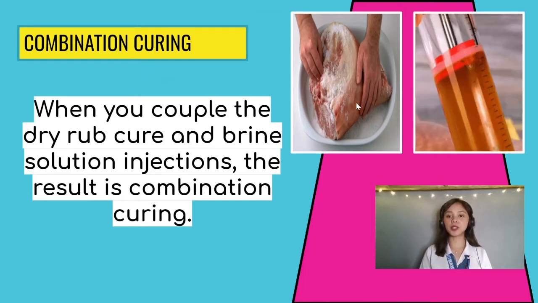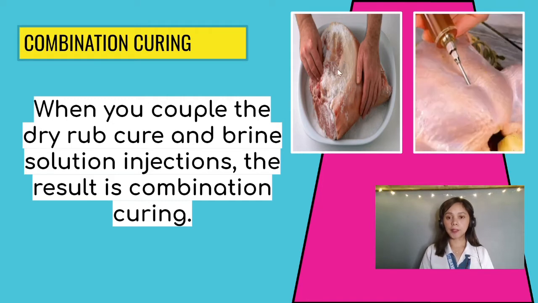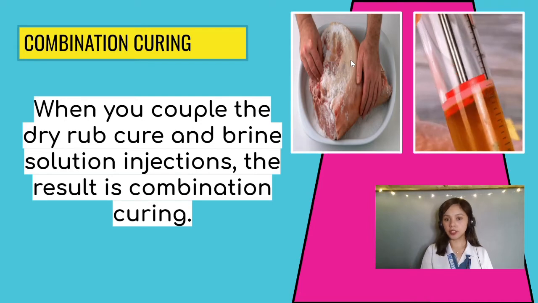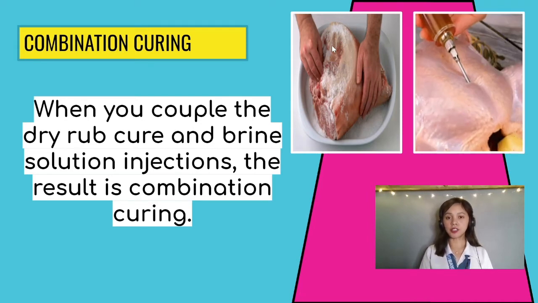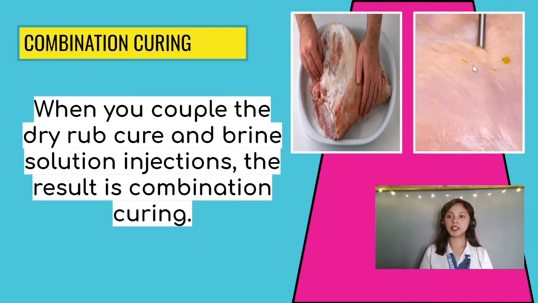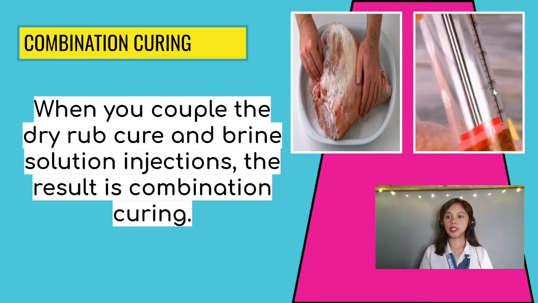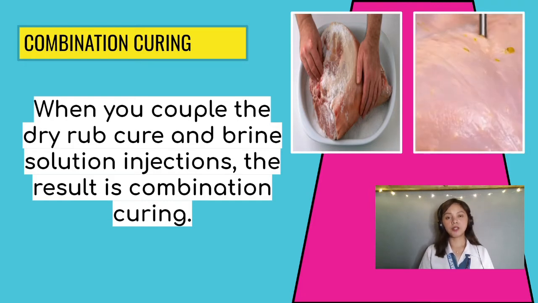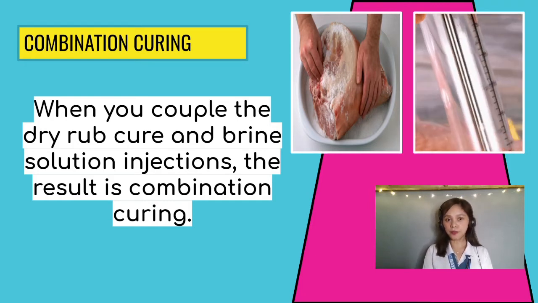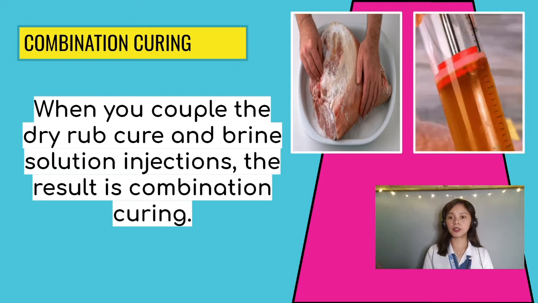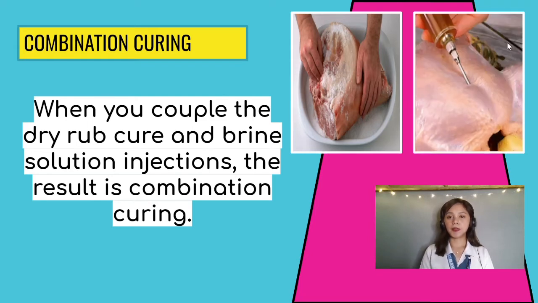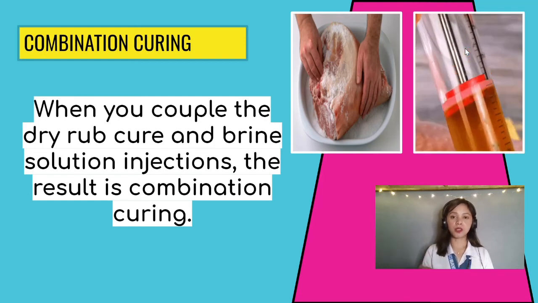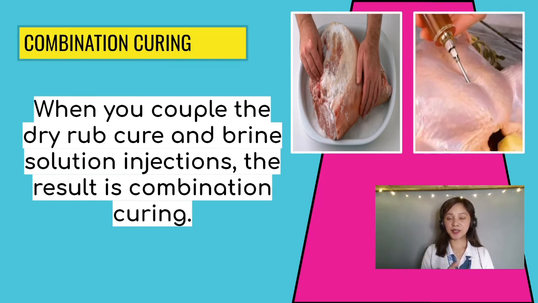So if you're going to notice here in the picture, the man is putting dry ingredients or dry salt here on the surface of the meat. So here in the next video, he is injecting a liquid solution inside the meat. So if you are familiar with the Chooks to Go or Andok's, the ones that they are selling in the market, masarap kahit walang sauce.